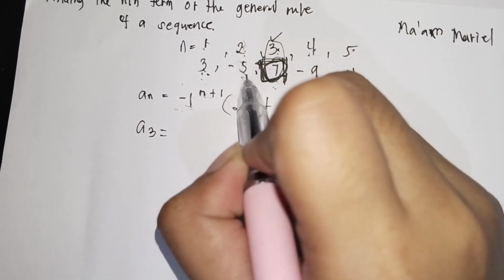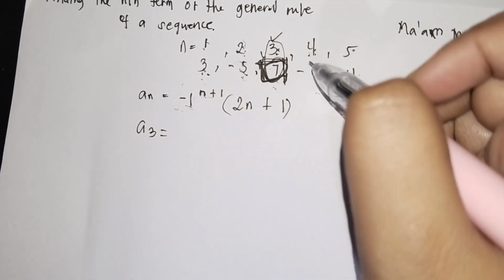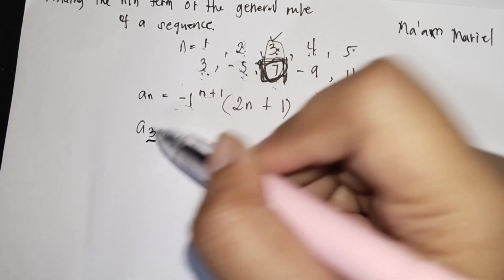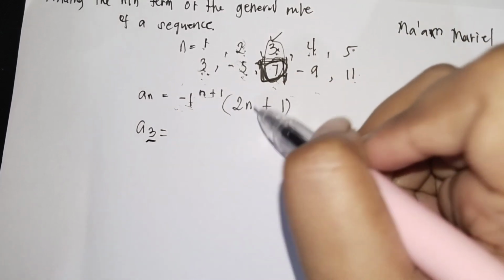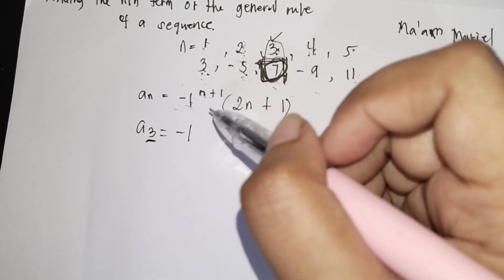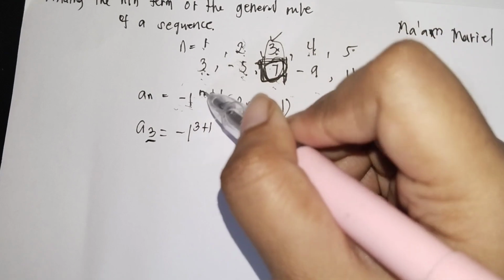First is 3, second is negative 5, third is 7, fourth is negative 9. So, palitan lang lahat ng n ng 3. Lahat ng n dito sa nakuha nating general term. So, negative 1 raised to 3 plus 1, since n yan.